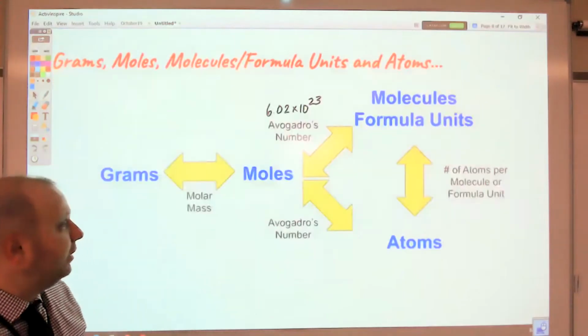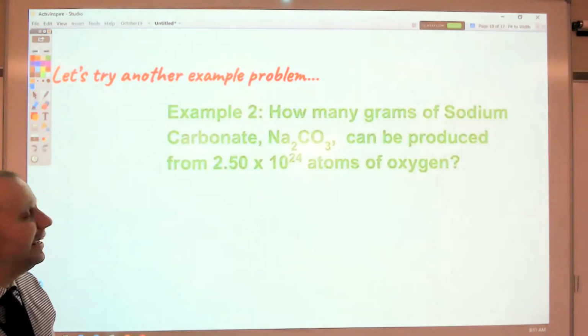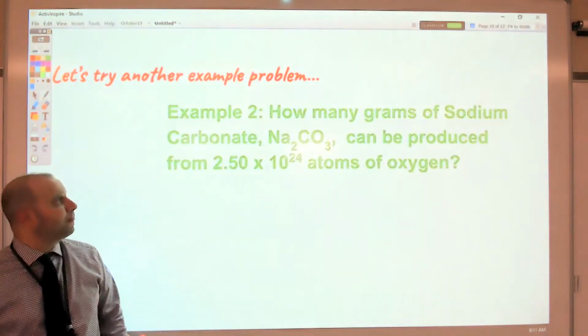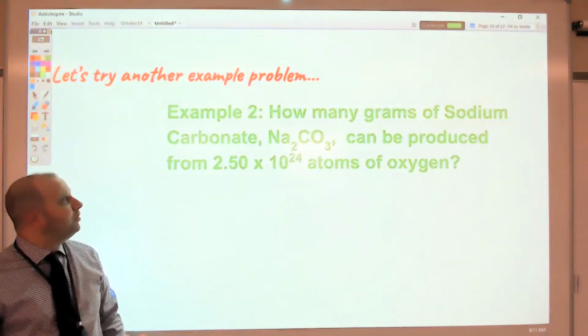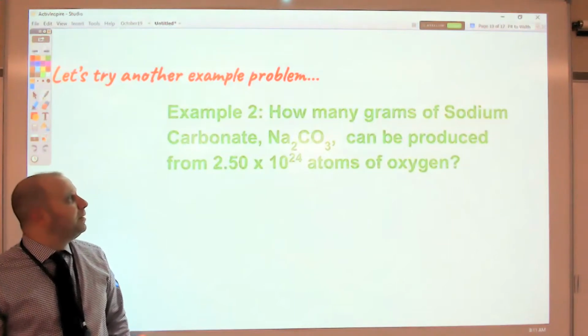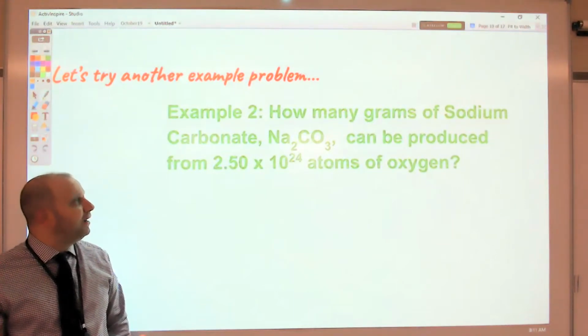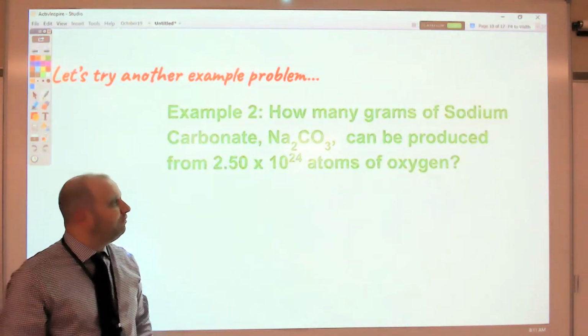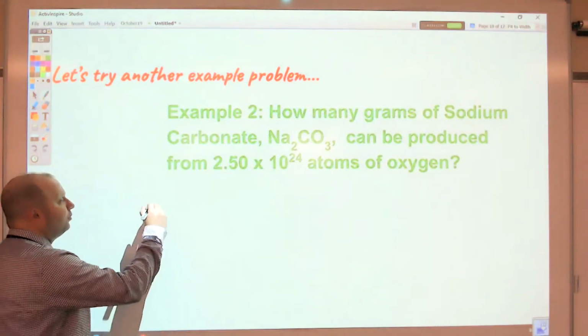Okay, if we look at our next slide, example 2. How many grams of sodium carbonate can be produced from 2.50 times 10 to the 24th atoms of oxygen?